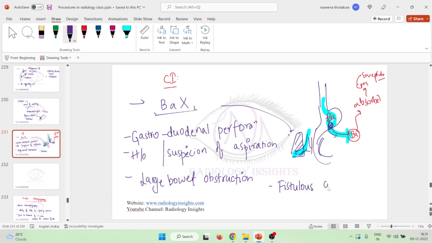The reason is similar to that of perforation: in fistulous communication with other organs, barium will reach the other organs and cause an inflammatory reaction. If it reaches the peritoneum, or gets absorbed in any region, it can reach the central nervous system and result in encephalopathy. Because of all these causes, barium is contraindicated.